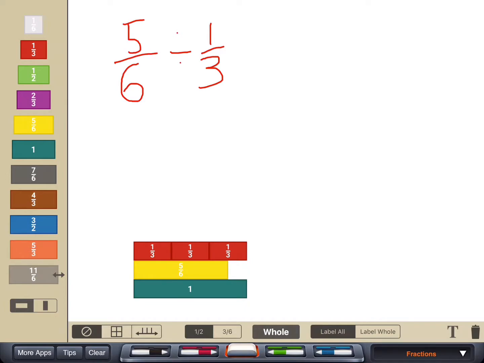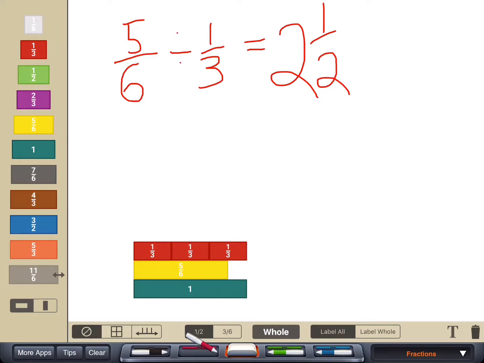So we can see that half of the final third is fitting into 5/6. So I would say that my answer to this question is 2.5, because 2.5 thirds go into the yellow 5/6 bar.